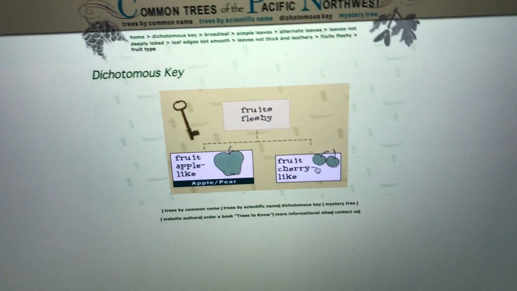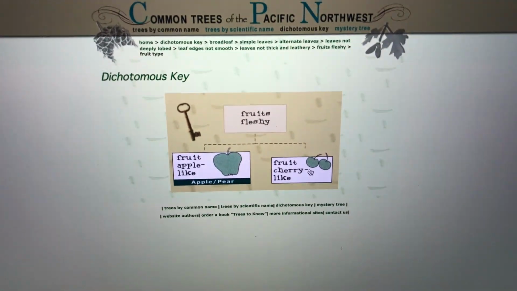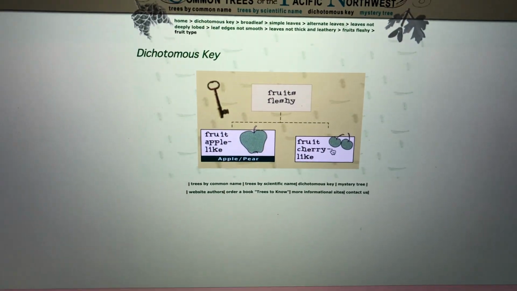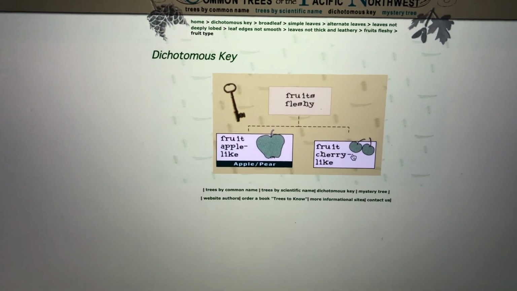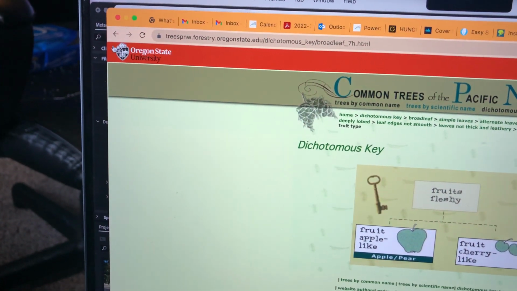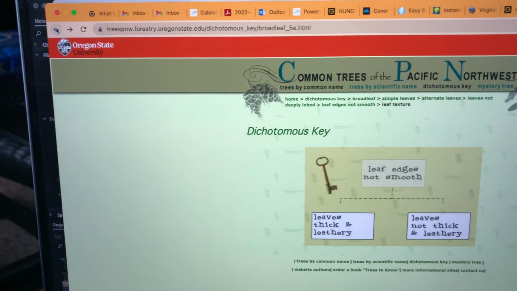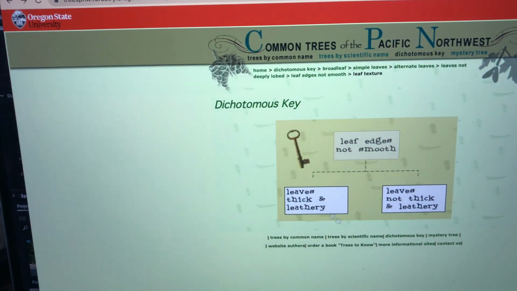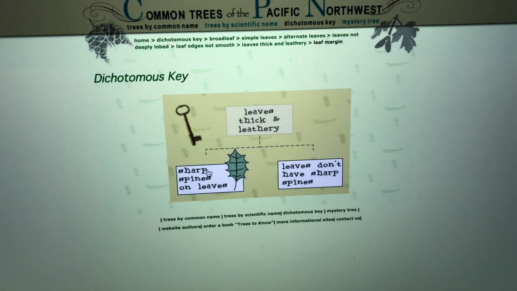Looks like we've gotten off into the fruit trees. So let's go backwards a little bit. Let's go ahead and say that the leaf is thick and leathery.